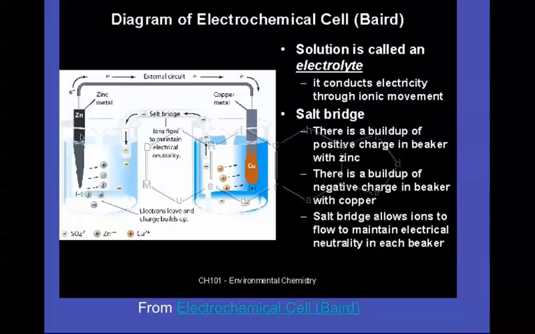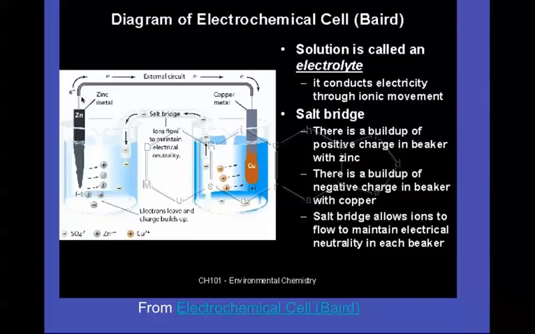Coincidentally, the zinc is dissolving into zinc 2+, so we're getting more zinc 2+ over here, and they will take the ions that the copper 2+ was using, and those ions will travel to the zinc side via the salt bridge. So the salt bridge's purpose is to even out the negative charges in the reaction.